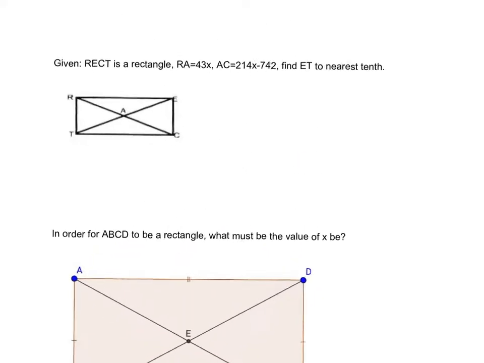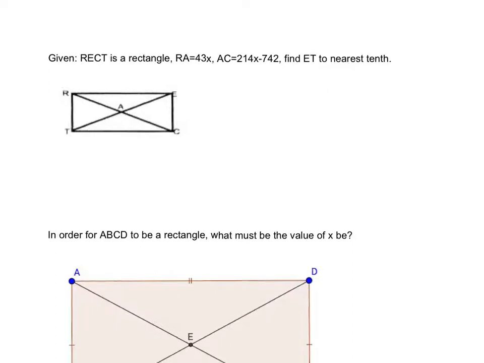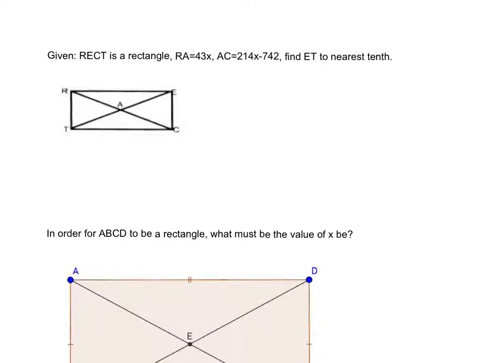Next, we have that RECT is a rectangle. We know that RA is 43x and AC is 214x minus 742. We want to find ET to the nearest tenth. So RA and AC are parts of the same diagonal, so they are congruent to each other. To solve for x, we know that 43x is going to equal 214x minus 742.